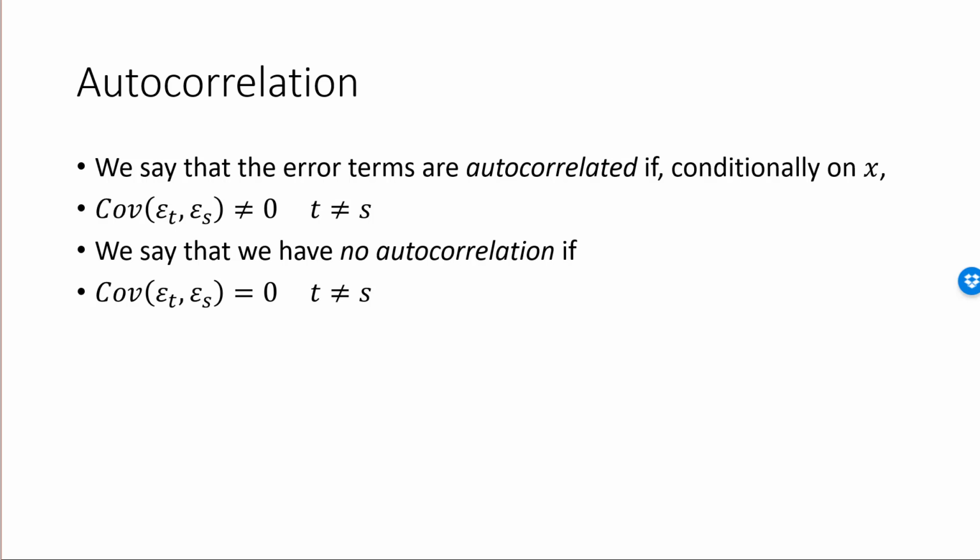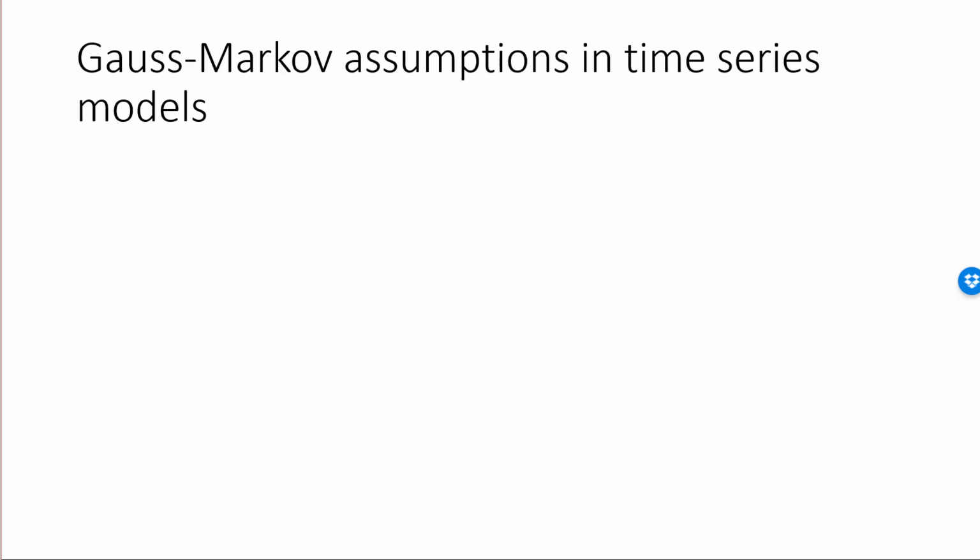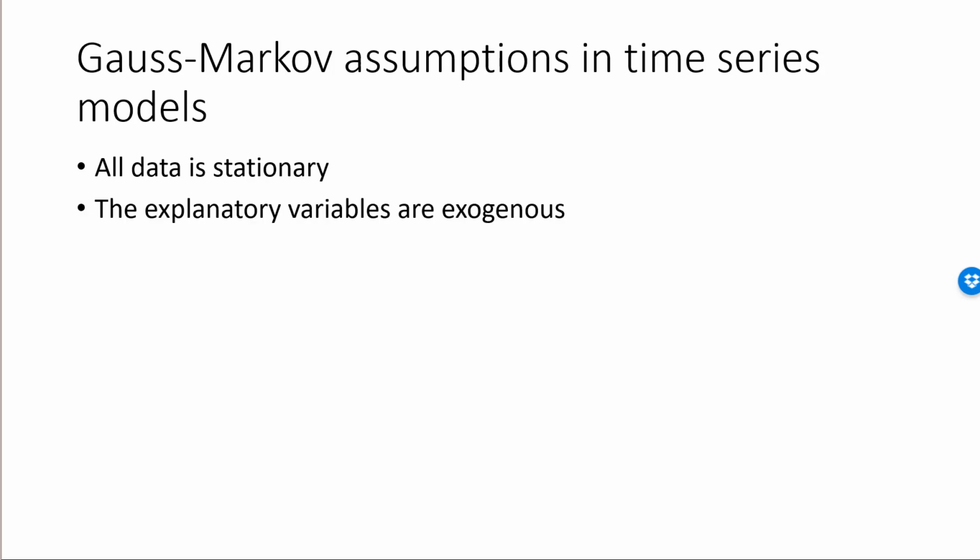So let's summarize the Gauss-Markov assumptions for the linear regression model when we have time series data. First, the replacement for the random sample will be the stationarity assumption. So all data is stationary. The exogeneity assumption also exists in the cross-sectional data case, although with a slight modification in the definition.